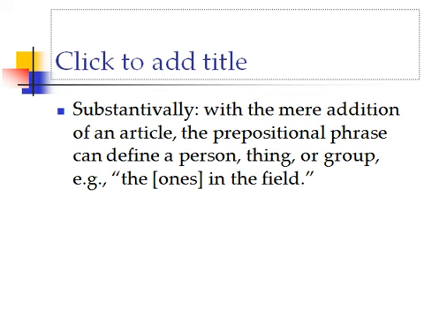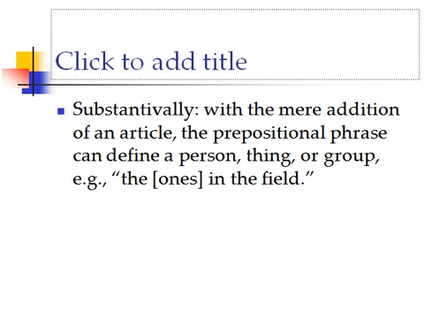That is to say, a prepositional phrase with the equivalent of the Greek word the before it could stand in for a noun or a thing, a person or a thing, or a group of people or a group of things. We'll look at this a little bit more in a moment, but the sense here is that the article, the Greek equivalent of the, can allow a prepositional phrase to function, that is to say, to function together, article plus prepositional phrase, as a noun.